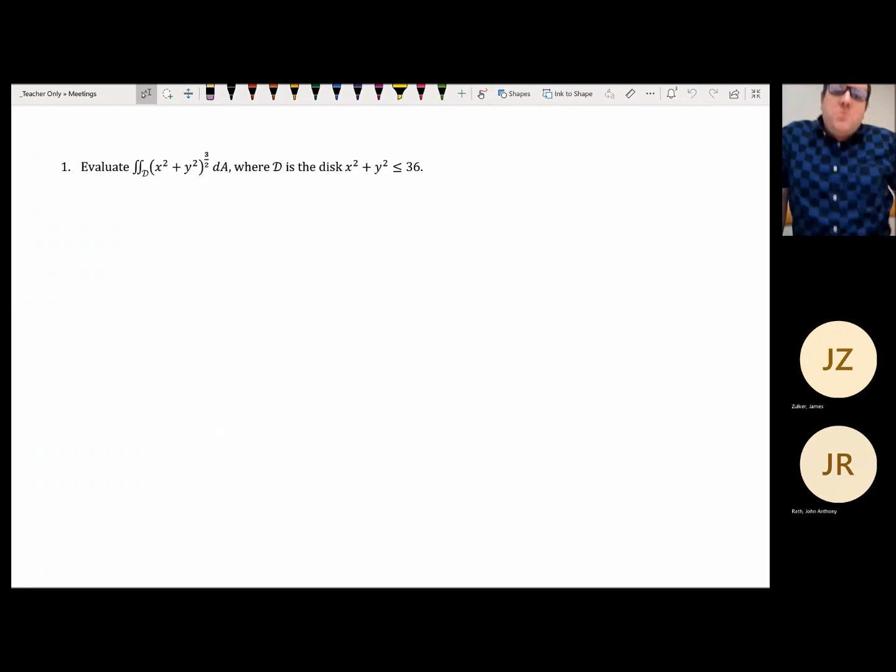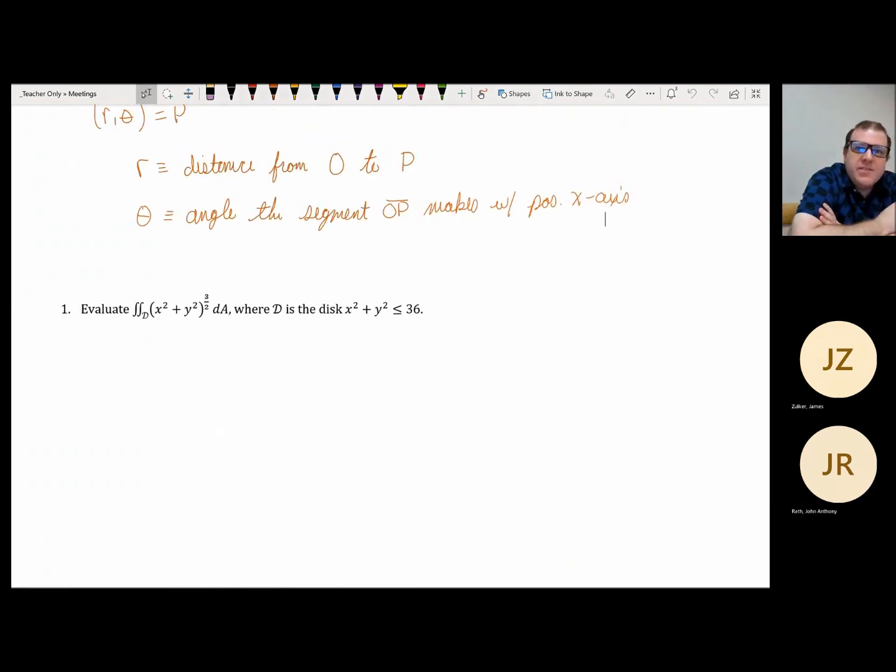Gonna go ahead and integrate x squared plus y squared raised to the 3/2 power over the disk x squared plus y squared less than or equal to 36. Let's see.